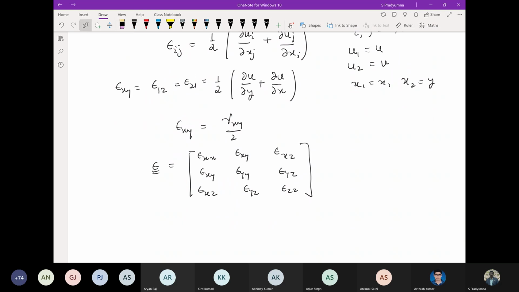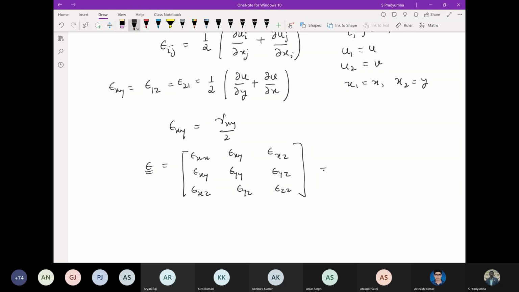This is in fact equal to something like this: epsilon x, epsilon y, epsilon z, the normal strains, and the shear strains are actually gamma xy by 2, gamma xz by 2, gamma yz by 2.